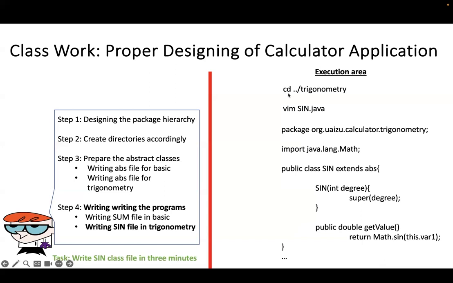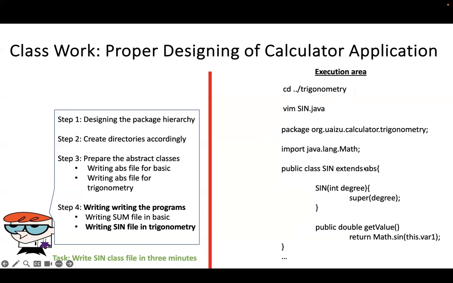From the base folder, I am going back to trigonometry and creating the file sine.java. In this program, the first line is package org.universityofaizu.calculator.trigonometry. In this package, I am going to import the mathematics library to perform the sine function.